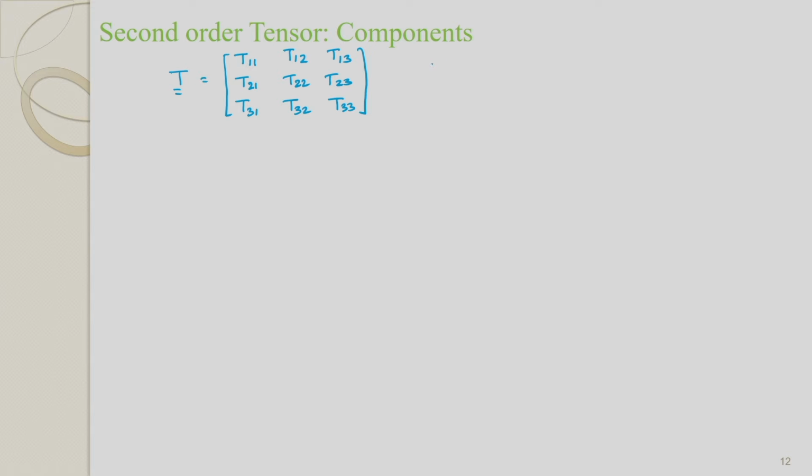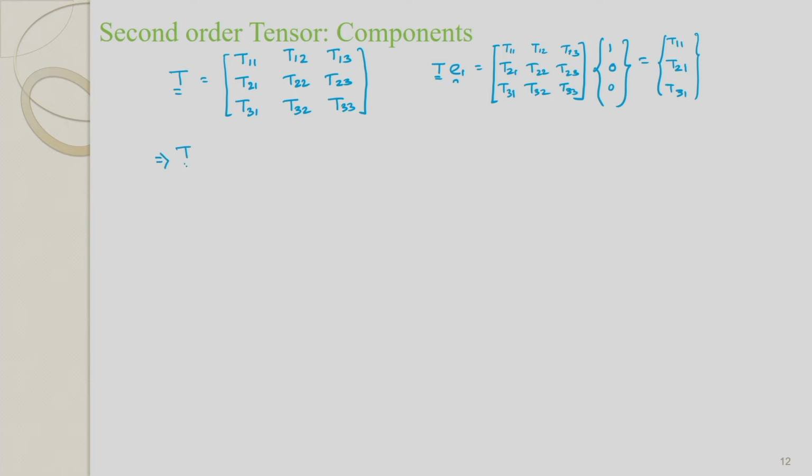Now, if this second order tensor operates on a basis vector E1, then by matrix vector relation this will be T11, T21 and T31.